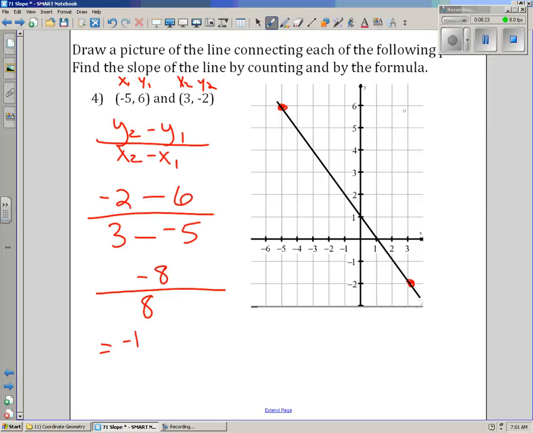Well, that's interesting. We have a slope that's negative. So if we were to count it, I'm going to go from left to right. Start at this blue point. I can't go up. That's the whole point. So I'm going to go down first, because I either go up or down first. I'm going down 1, 2, 3, 4, 5, 6, 7, 8. I went down 8.